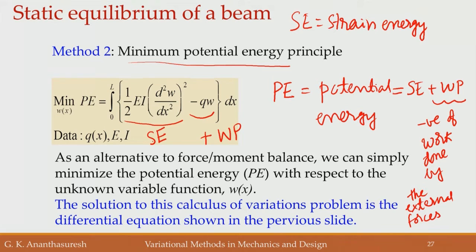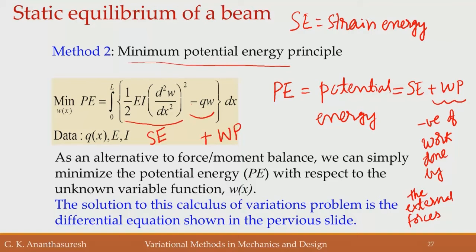Strain energy is basically area under the stress strain curve for a body. In the case of a beam it is given by this expression, and we get a functional, as you can see, from 0 to L, that is 0 to length of the beam L, we have a strain energy functional and then work potential functional.